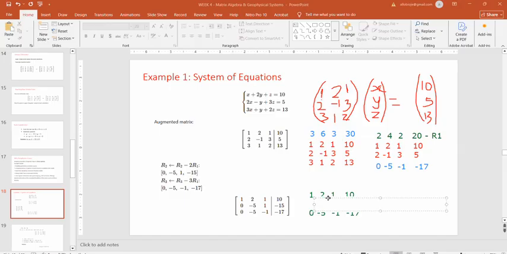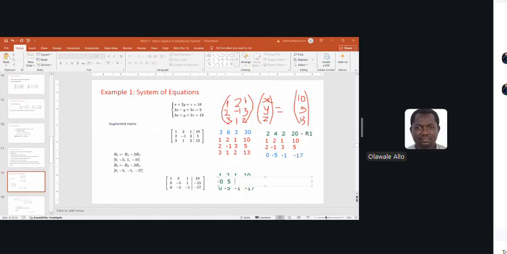So now this becomes 2 minus 2, that is 0. 4 minus 1, 4 minus 1, that is 5. 2 minus 3 minus 1.